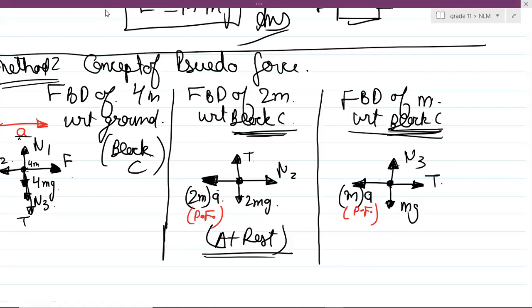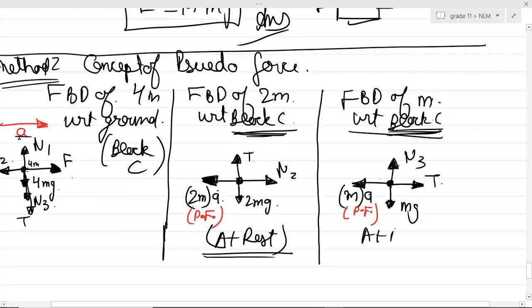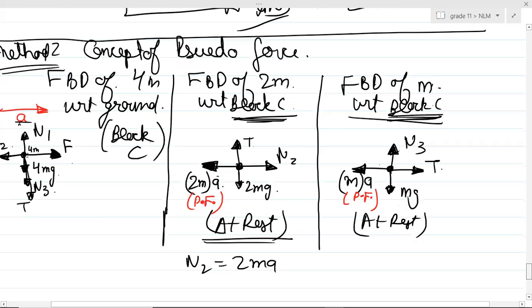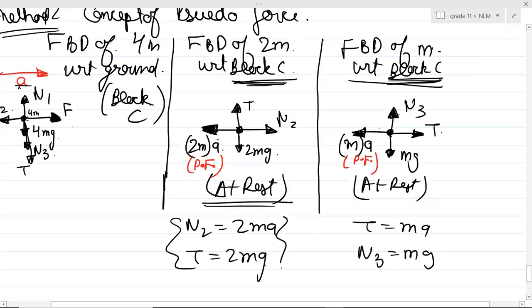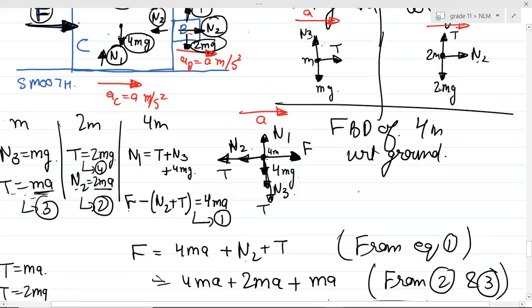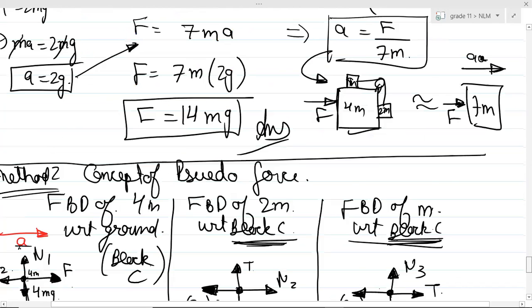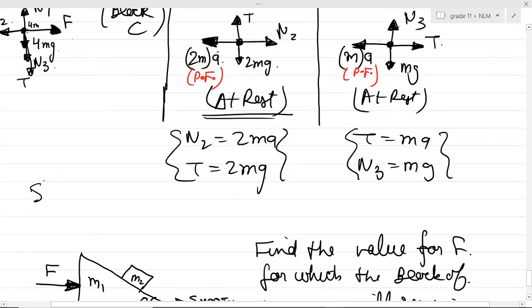Can you see, when you make the equations, since this is at rest, N2 will be equal to 2MA and T is equal to 2mg. Similarly over here, T is equal to MA and N3 is equal to mg. These four equations for M and 2M are one and the same as the four equations which we made earlier.